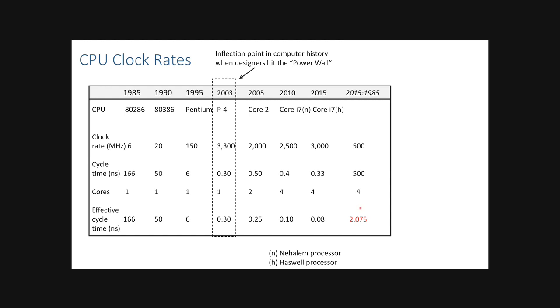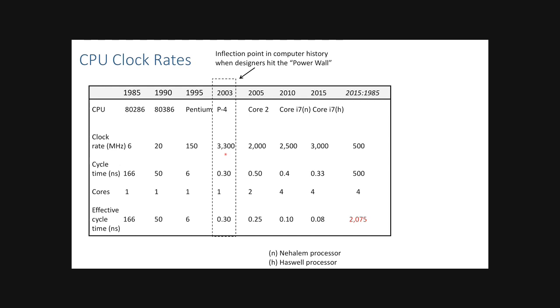So you see here how this clock rate, and therefore the cycle time itself, kept increasing. And then in the early 2000s with the Pentium 4, Intel ran into a lot of trouble trying to go past this 3300 number.